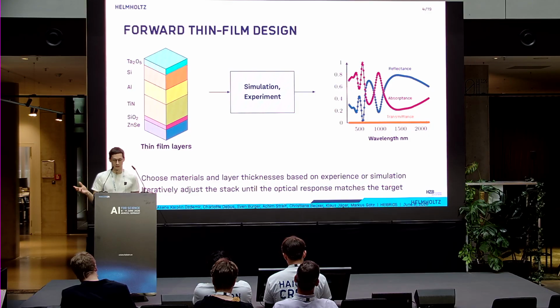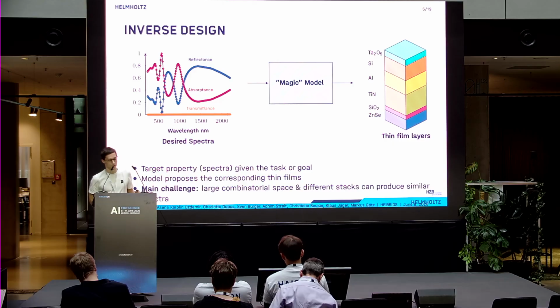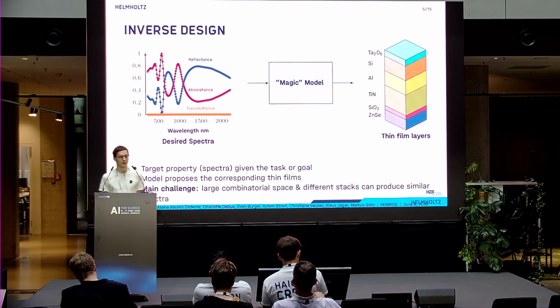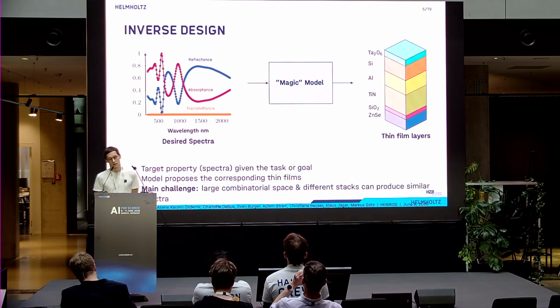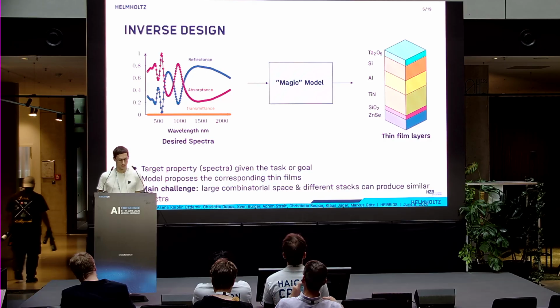And then you compare and change the stack according to what you got. When you now want to address this in the inverse design way, you first define your desired spectra, and then with a model or also with optimization, you obtain your thin film layer stacks.